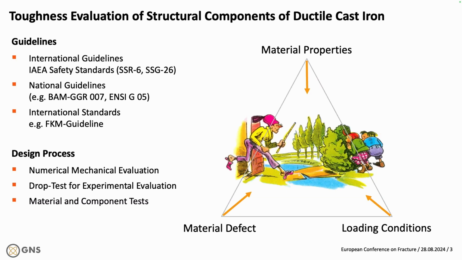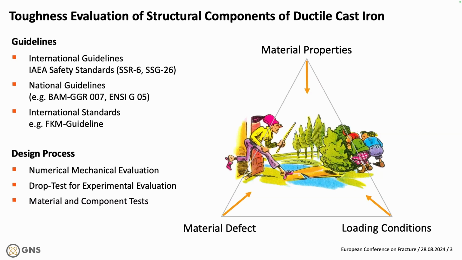Then additionally some international standards like the FKM. And during the design process, we have to fulfill different requirements for especially mechanical evaluation, drop tests, 9 meter, and we have to show some material and component tests.